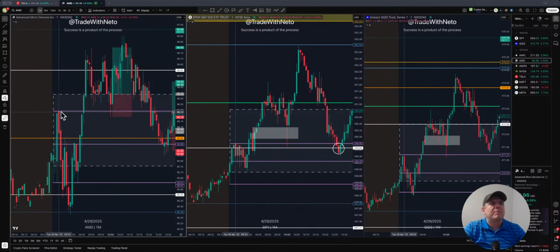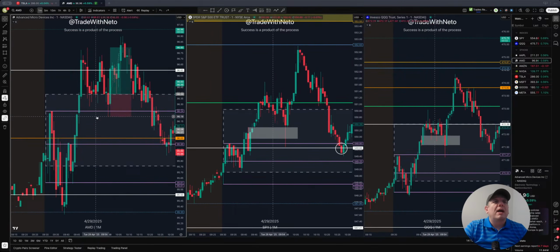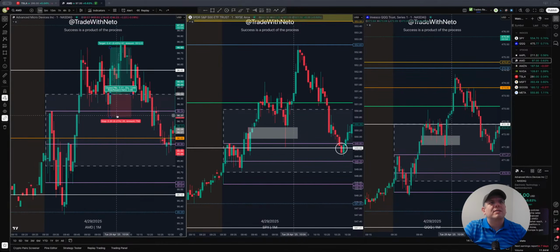Let's take it out because we have this 5 minute opening range that in my opinion is a bit more important than the order blocks. So here we have this very nice and clear break, displacement and retest of the 5 minute opening range.